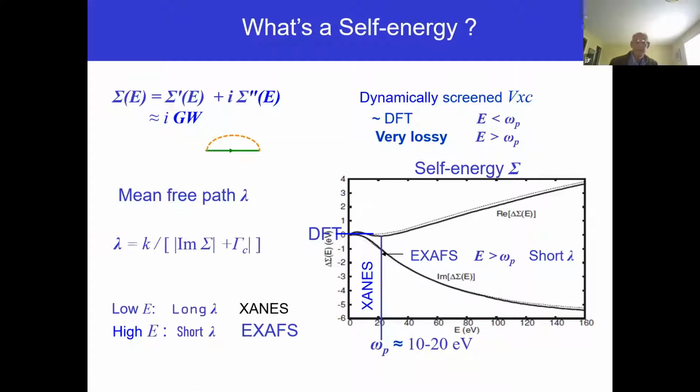That's called the plasmon energy, and it's typically about 10 electron volts in the far ultraviolet. So for the optical region, DFT works great. If you're doing high energy, though, then it doesn't work.